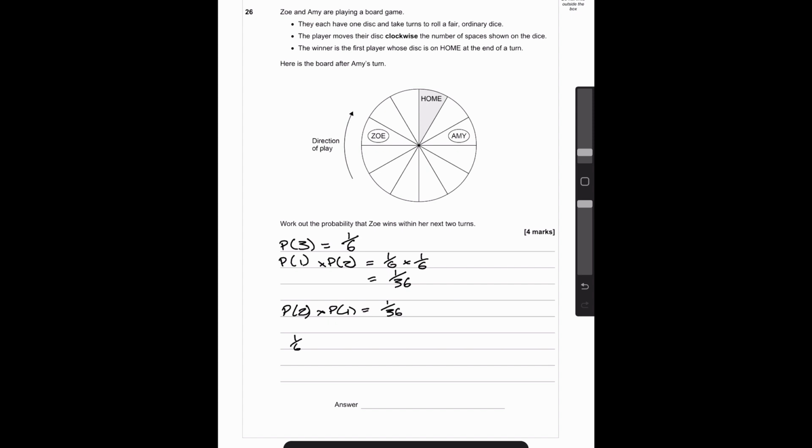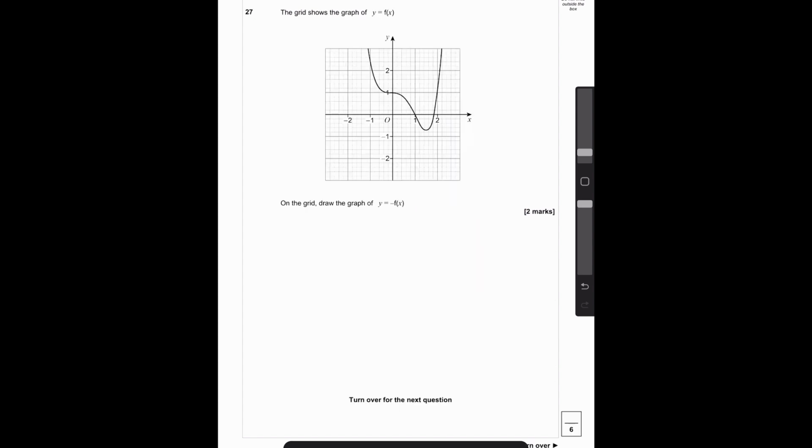We've got 1 out of 6 plus 1 out of 36 plus 1 out of 36, which is the same as 6/36 plus 1/36 plus 1/36. It gives us an answer of 8 out of 36. This doesn't tell us that we have to simplify our answer, so we can leave our answer as 8/36.